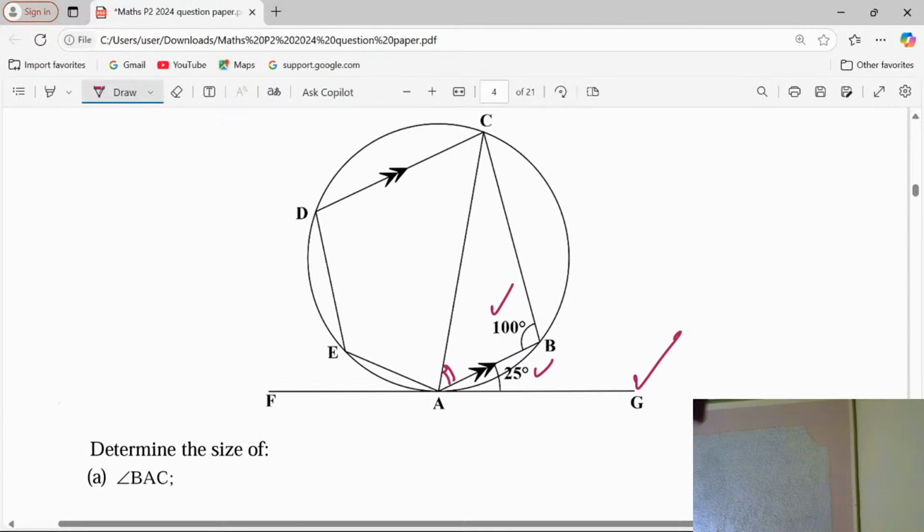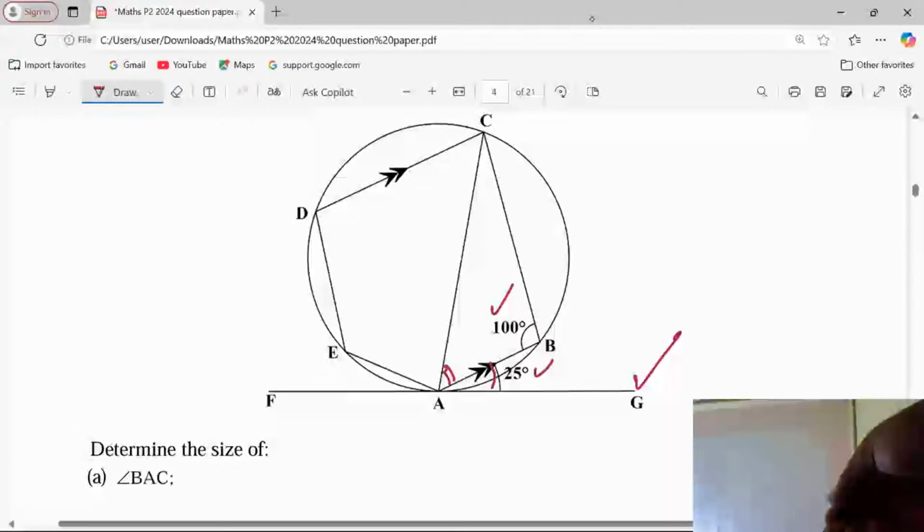Remember, we need to apply a few properties of angles to ensure that at the end of the day we have the right angles at the right points. Now, the angle of 25 degrees is equivalent to the angle at C, which is also 25 degrees.